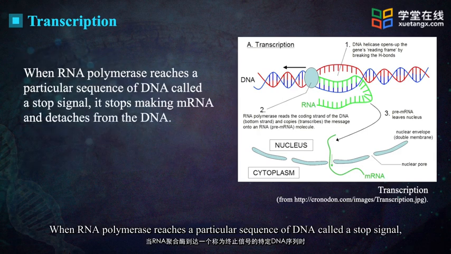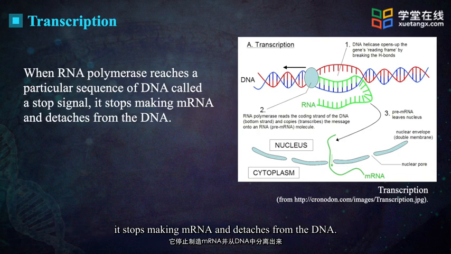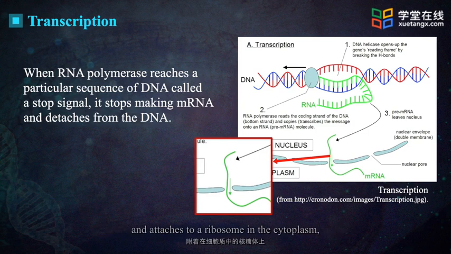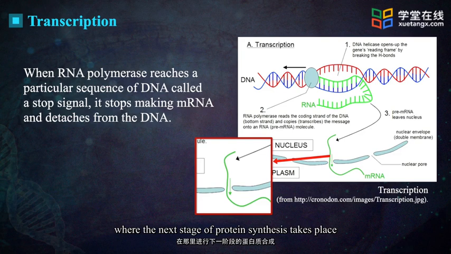The RNA polymerase reaches a particular sequence of DNA called a stop signal. It stops making mRNA and detaches from the DNA. The mRNA moves out of the nucleus through a nuclear pore and attaches to a ribosome in the cytoplasm, where the next stage of protein synthesis takes place.